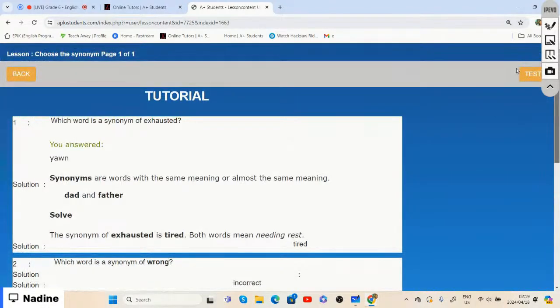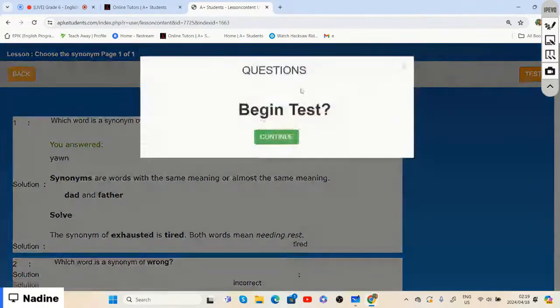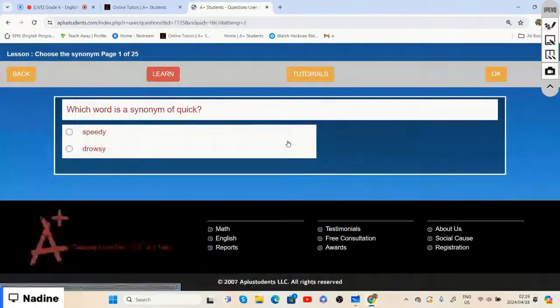All right, so now we're going to our test where we are going to choose the synonym. Let's begin the test. All right, so we need to say which word is the synonym of quick. Which word is the synonym of quick?